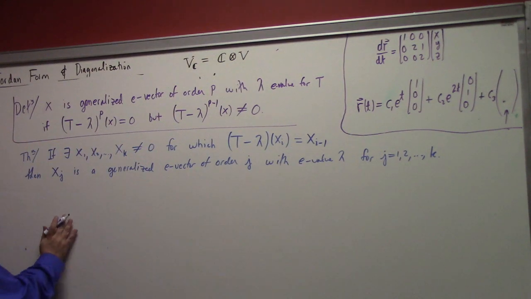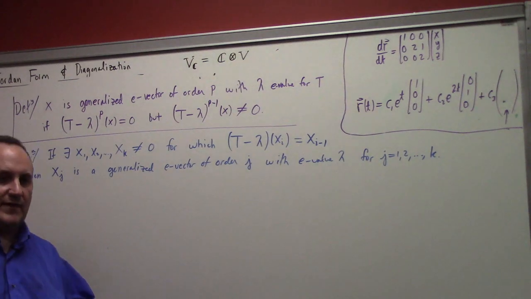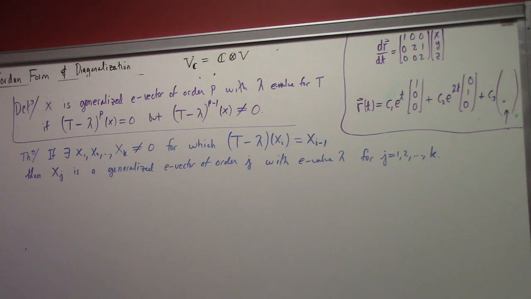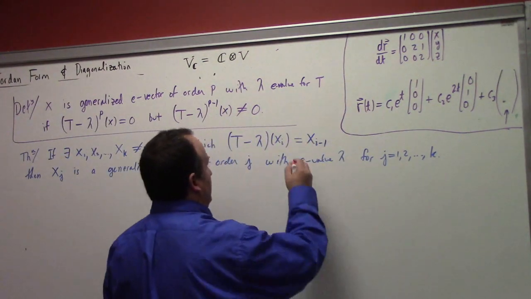And we refer to such a collection of vectors as a chain, a k-chain of generalized eigenvectors with eigenvalue lambda. Let's see how that chain condition, so this is the chain condition right here.